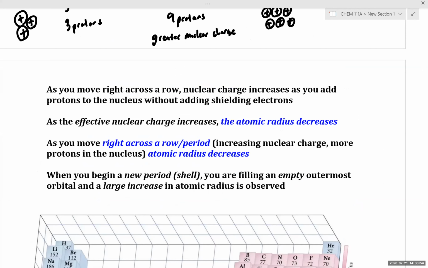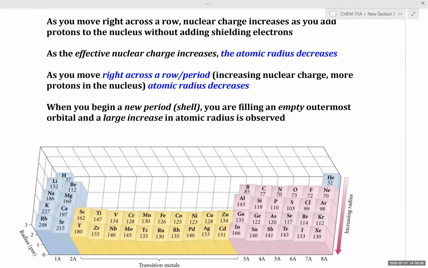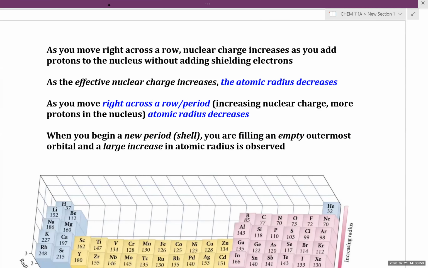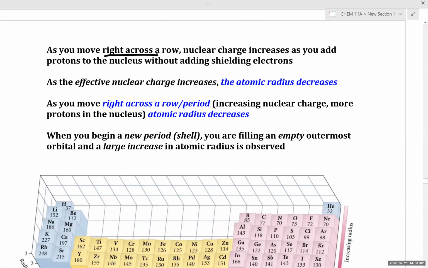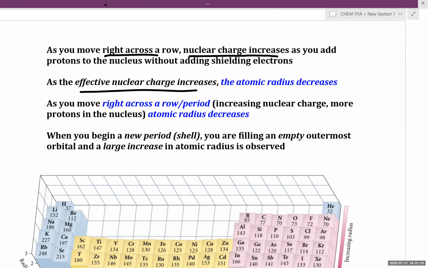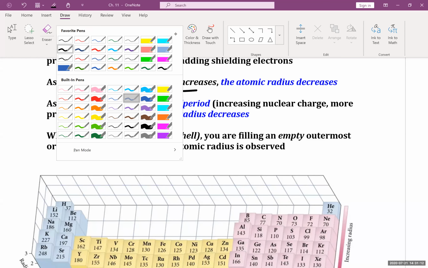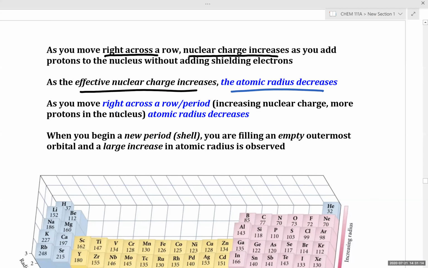Okay, so just talking about a refresher for the periodic trends for atomic radius. As you move right across a row, nuclear charge increases. We're adding protons. As nuclear charge increases, our atomic radius decreases. In other words, as you move right across a row, the atomic radius decreases.